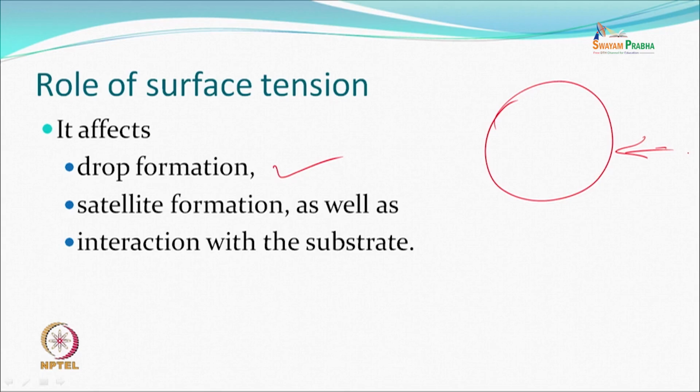It also helps to look at the behavior in satellite formation. If surface tension is very high, then every small droplet that gets created also becomes a satellite. If it is very low, which is also not very good, then everything will in a way start flowing.